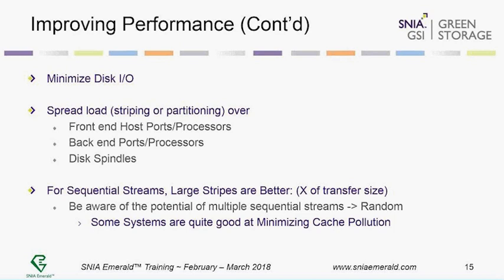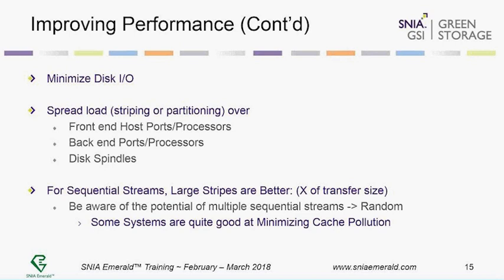Then we talked briefly about large sequential I/Os. We have to be very careful, as we saw in that previous diagram that had the two Q depths in it. If we interleave enough of these sequential I/Os ahead of the storage, what will happen is they'll appear to be random I/Os.